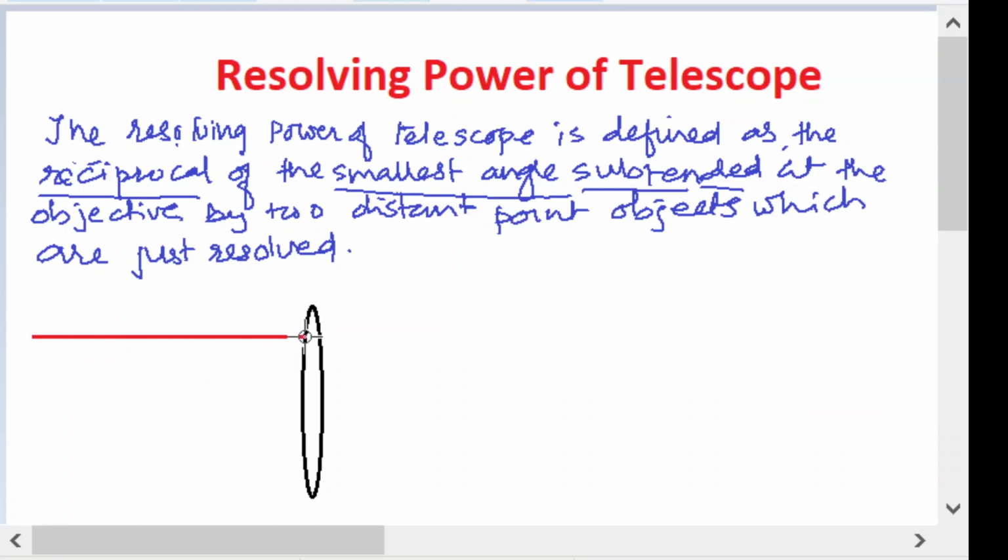For our convenience we are taking only three rays, one at the middle and two at the extreme positions of the aperture of the objective.